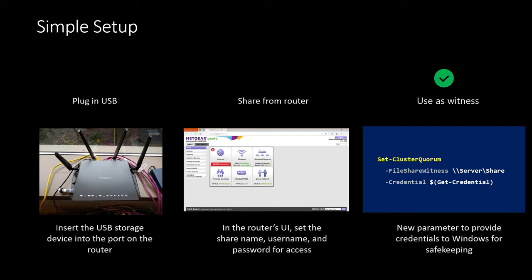There's an additional parameter, credential, so that you'll specify that name and password for what you set up within the router. If you just do get credential, it pops up the credential prompt, put your name and password there. We save it into the cluster hive and then encrypt it so nobody knows what it is, so that it's always there. Then you're done.